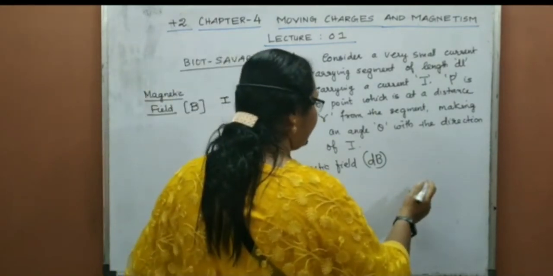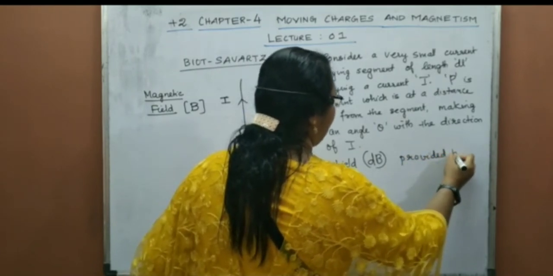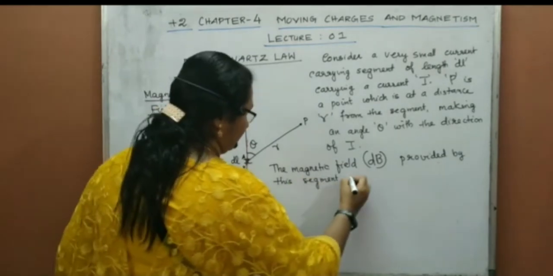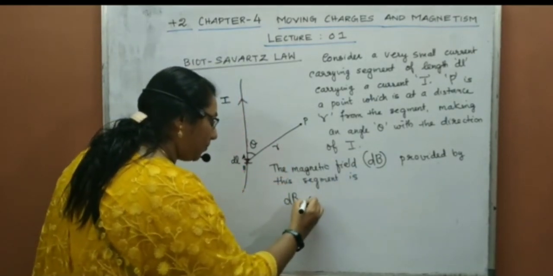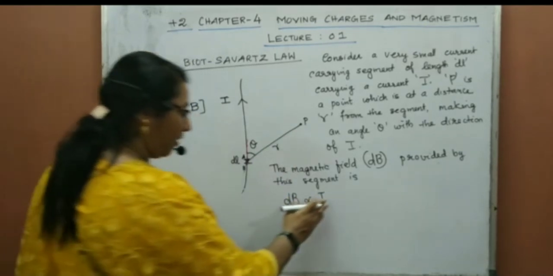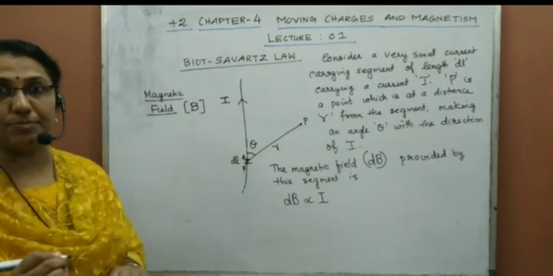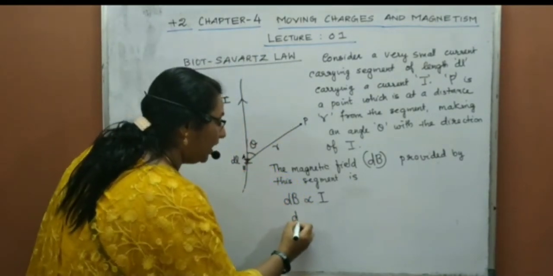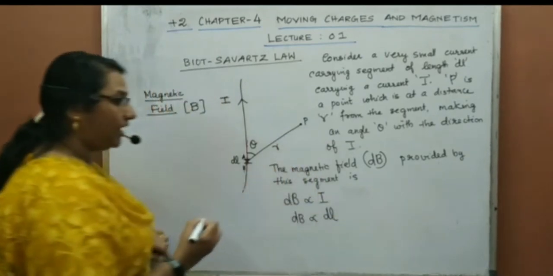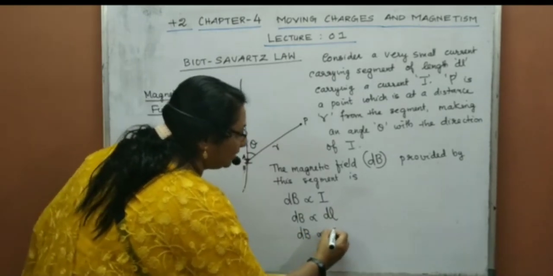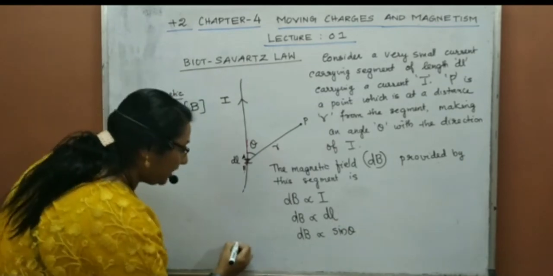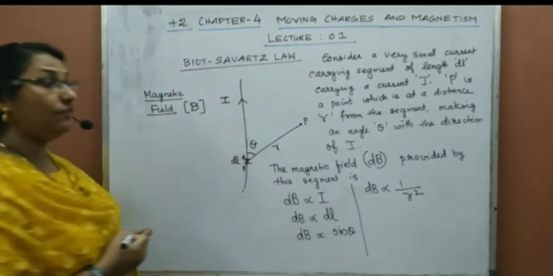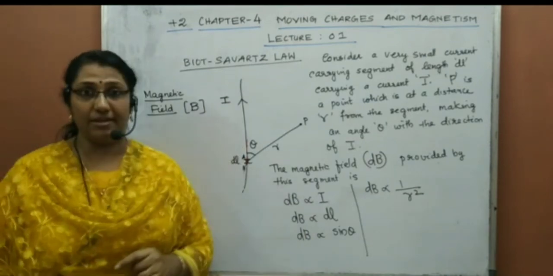The magnetic field dB provided by this segment is proportional to the current I. From experiments they found that dB is proportional to I. dB is also proportional to the length of the segment dl, dB is proportional to the sine of the angle theta, whereas dB is proportional to 1 by r square, that is, inversely proportional to the square of the distance between the segment and the point.